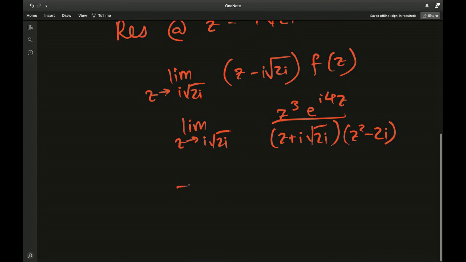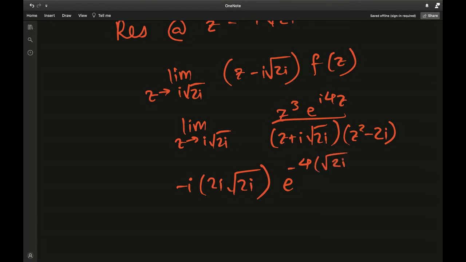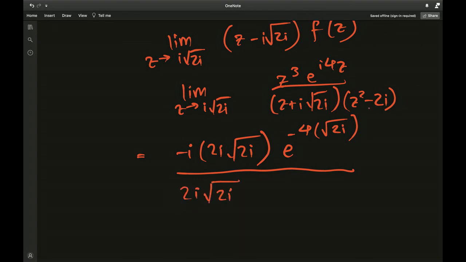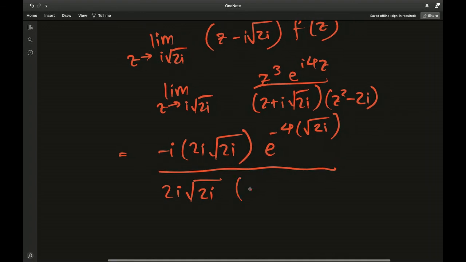So i cubed is negative i. Cubing this, we'll get 2i times square root of 2i, e to the i and i will be negative 4 times square root of 2i, divided by 2i square root 2i, and then the square of this guy is negative 2i and a negative 2i.